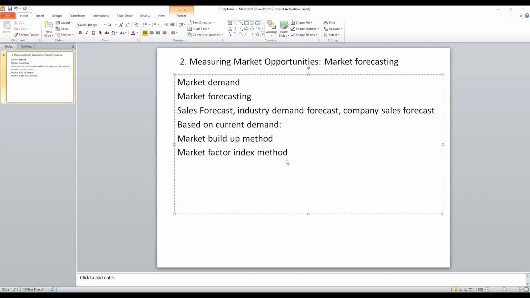In case of demand, there should be willingness from the customers plus the ability to purchase the product. So market demand for a product is the total volume that would be bought by a defined customer group in a particular defined area under the specific marketing program.